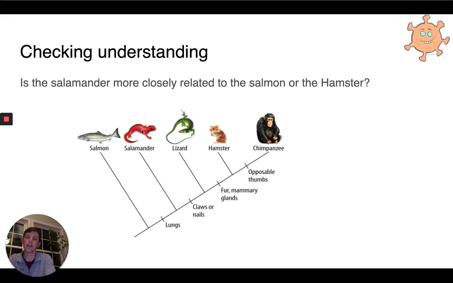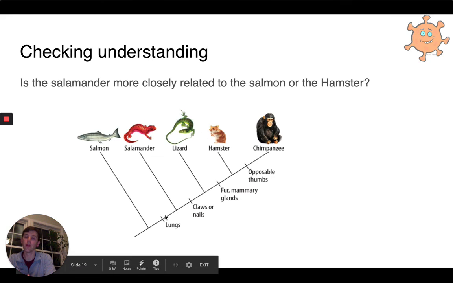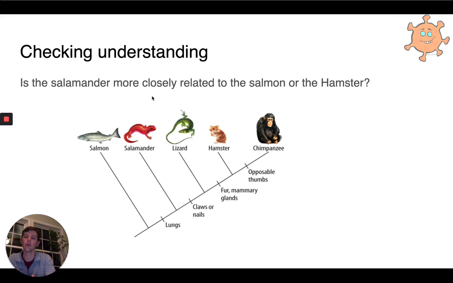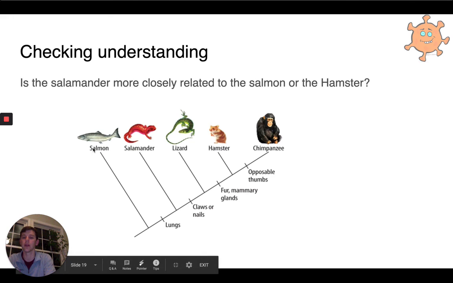If you said that the salamander was more closely related to the hamster, you would be right. Why is it more closely related? Well, they both have lungs. If we come down here, we can cut right here. This whole clade would fall off, and they both have lungs. The salmon doesn't have lungs, it has gills, and so it's separated off before the formation of lungs. That gives you an idea of how all these organisms are related.